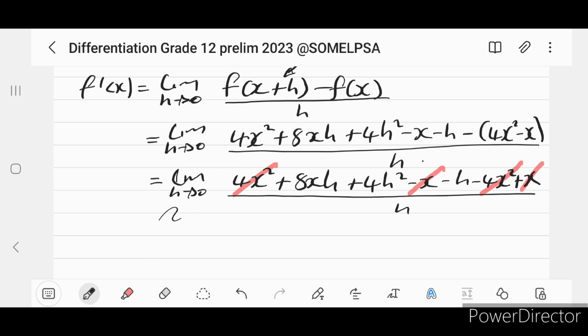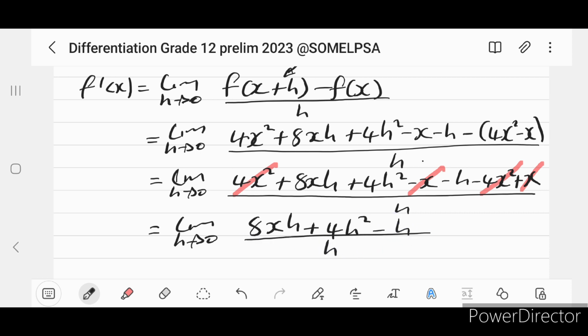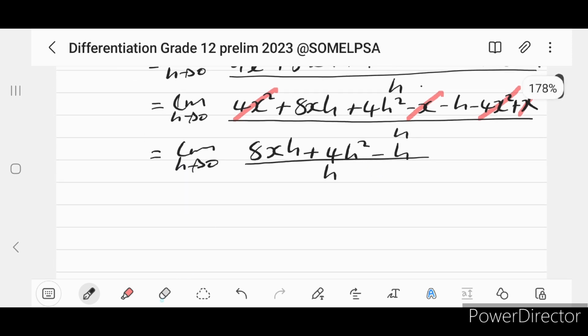Everything that I have must have an h on it as h approaches 0. So this is 8xh, so it must have h, plus 4h squared, minus h, over h. The goal is to eliminate this h here.